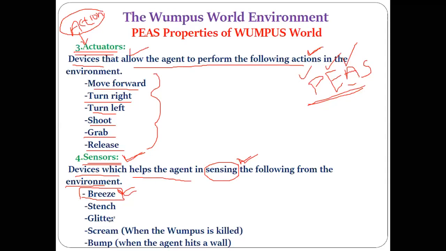Then we need another kind of sensor to sense the stench, or the stinking or bad smell. For that also we need a sensor. Then we need visual sensors. I hope you are getting the meaning of visual sensors. Visual sensors mean what?